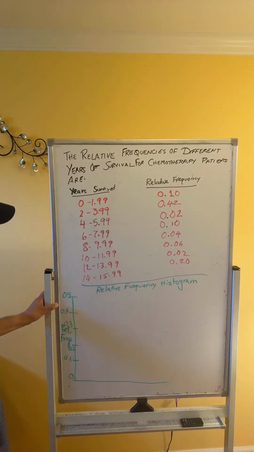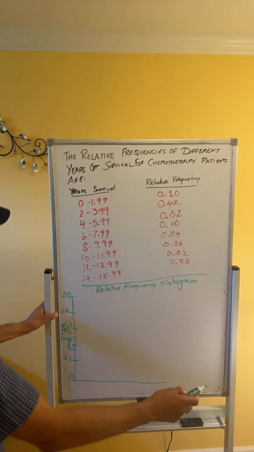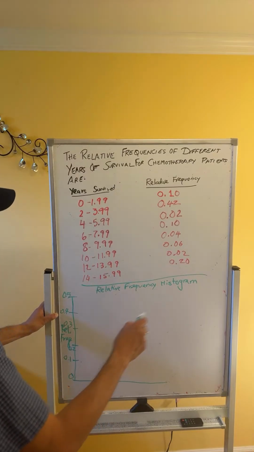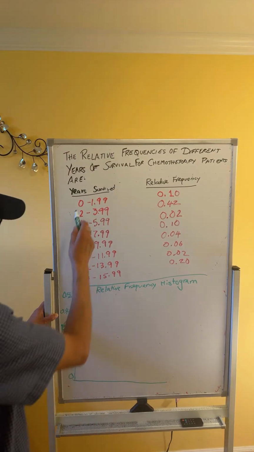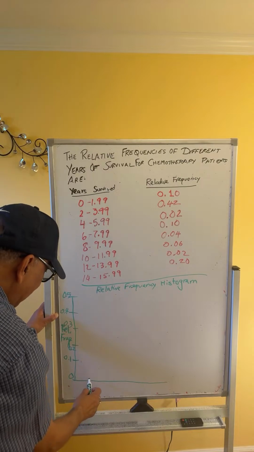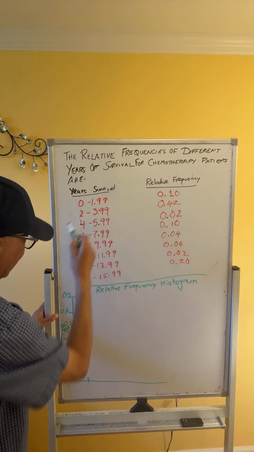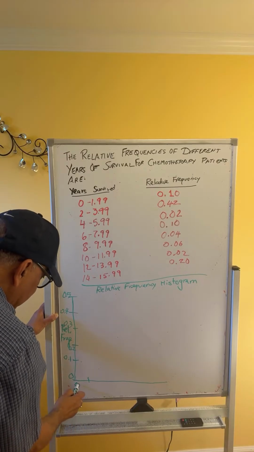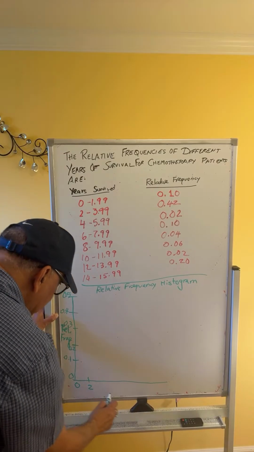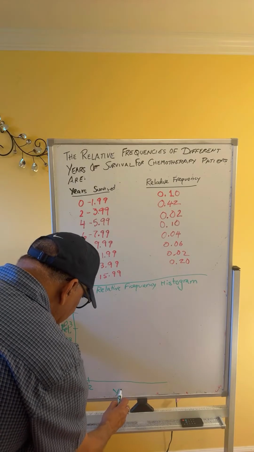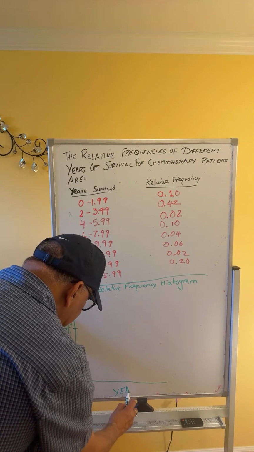So this is relative frequency on the vertical axis. On the horizontal axis, we'll have the different groups or classes of data, which are years of survival. The first class is between 0 and 2, ending at 1.99, and the second class starts at 2.